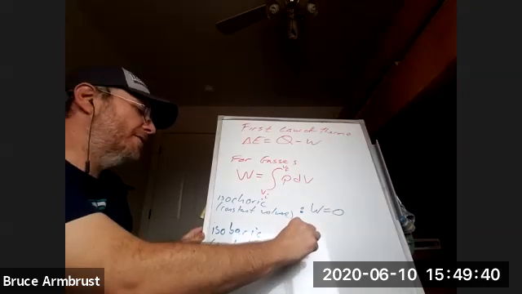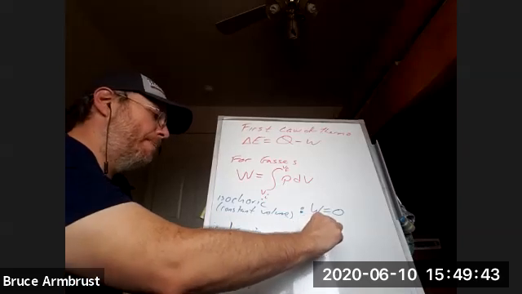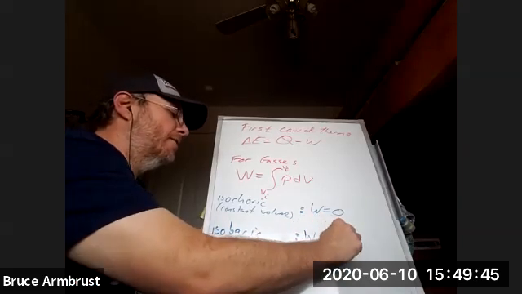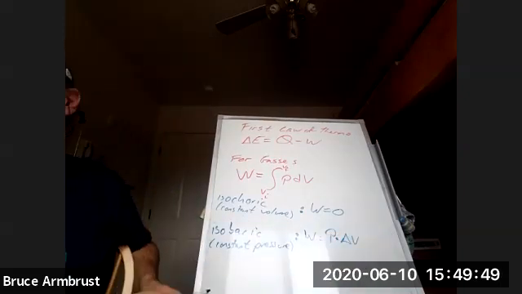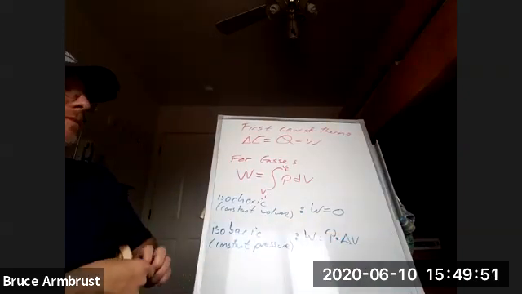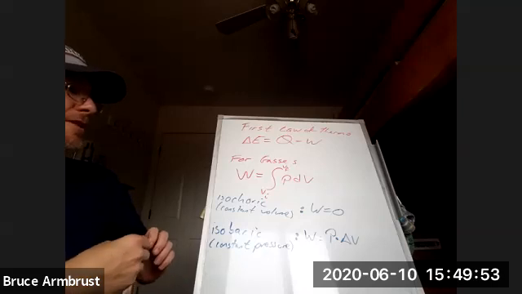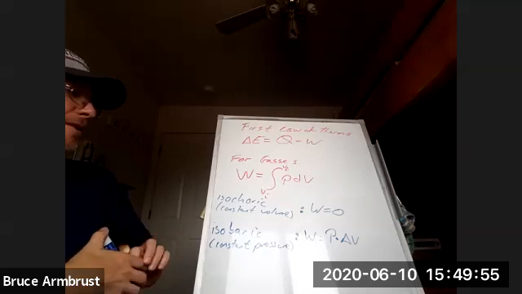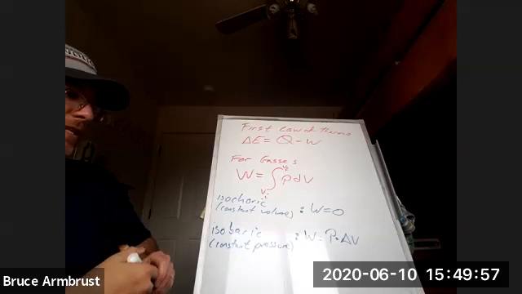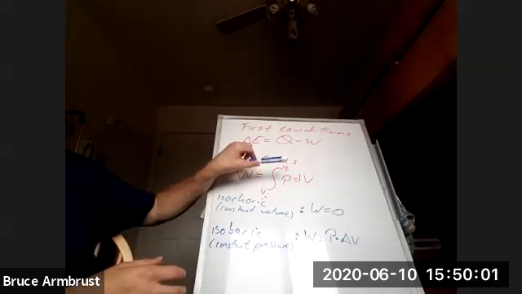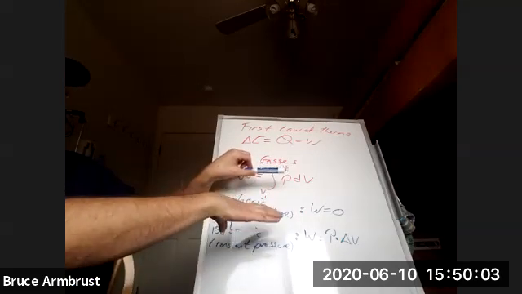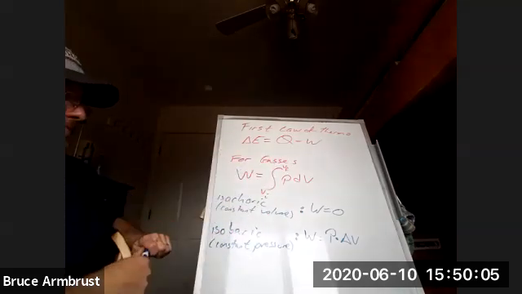So if the pressure is always the same, it turns out that the work done is just equal to the pressure times that change in volume. So if you keep the pressure the same, but you change the volume, the amount of work is just P times dV. And that's because on the graph of pressure versus volume, it's a horizontal line. So finding the area underneath was just base times height.